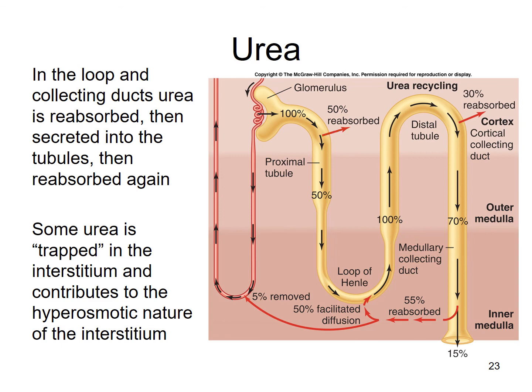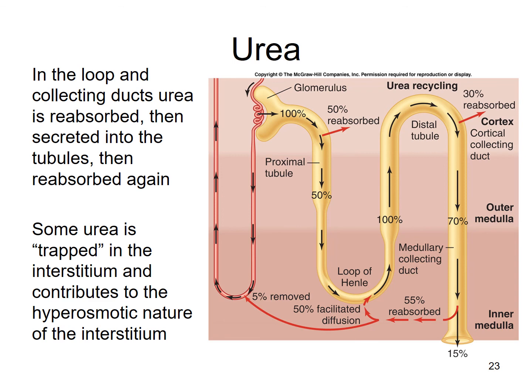So at the proximal convoluted tubule, you saw that 50% of the urea that is in the filtrate gets reabsorbed, leaving 50% in the fluid that enters the loop of Henle. So in the loop of Henle, at the very bottom, you get some absorption of urea into the filtrate.